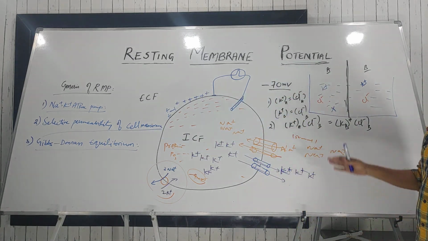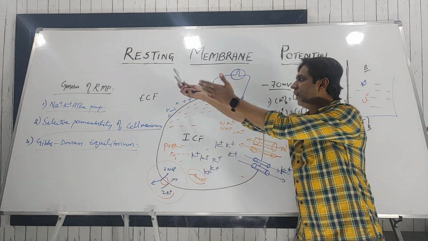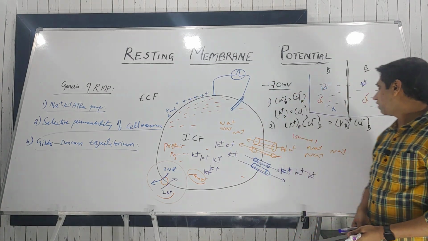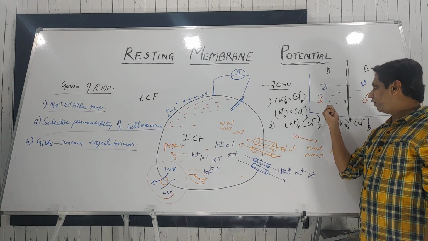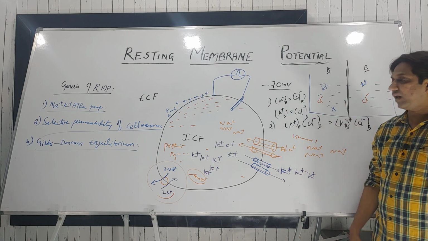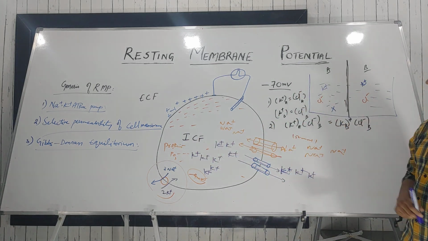This will not be present on the other side of the cell membrane. If we apply the same concept to the human cell membrane, intracellular fluid is one compartment, extracellular fluid is the other. In the intracellular fluid, apart from the diffusible anions, the non-diffusible anion will be present.